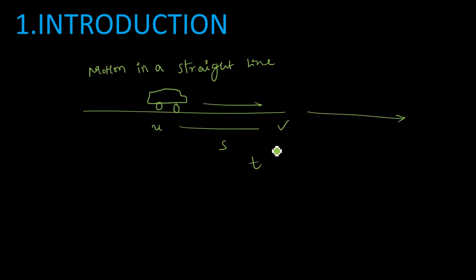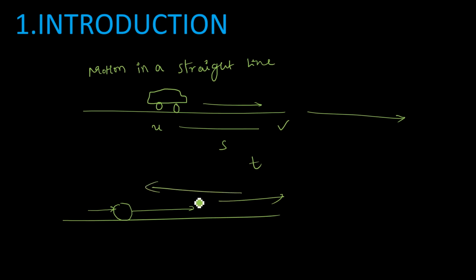So a bird is moving, or a car is moving, or a lorry is moving. Or if you take a ball and hit the ball, then the ball will move in a particular direction, along the x-axis. Then we can consider the body to be in a straight line. The body is moving in one directional path, either this direction or the backward direction, whatever it may be.